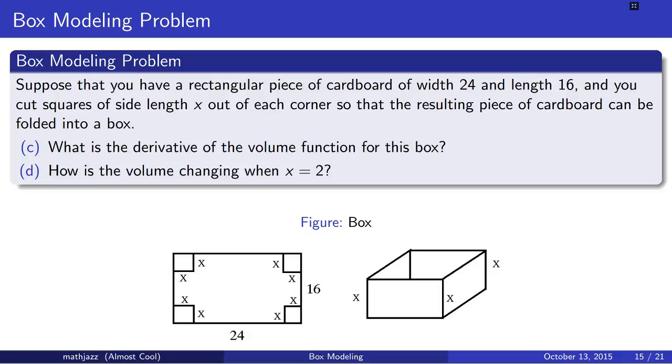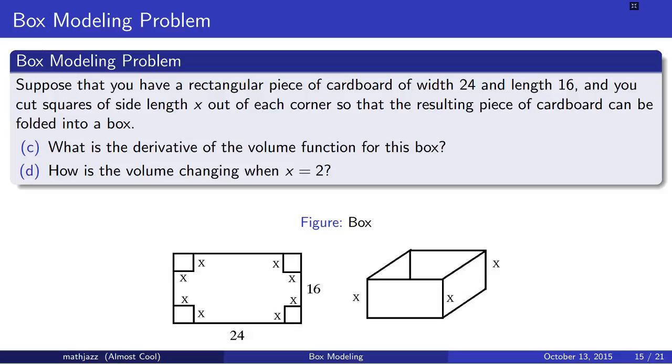The figure below shows the flat piece of cardboard with the x by x squares cut out of each corner, and on the right it shows the resulting box that we obtain when we fold those flaps up and glue them together into a box.